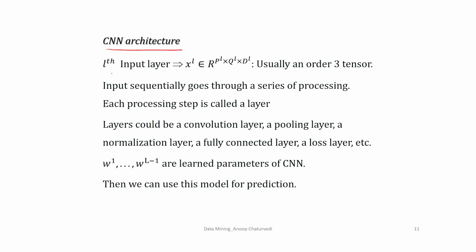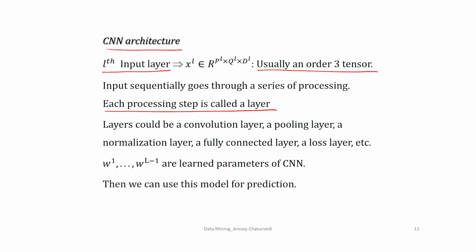So, the input layer, say XL, belongs to R PL cross QL cross DL. So, usually it is an order 3 tensor, and then this input sequentially goes through a series of processing, and each processing step is called a particular layer.